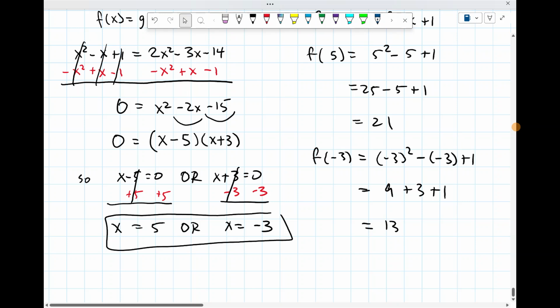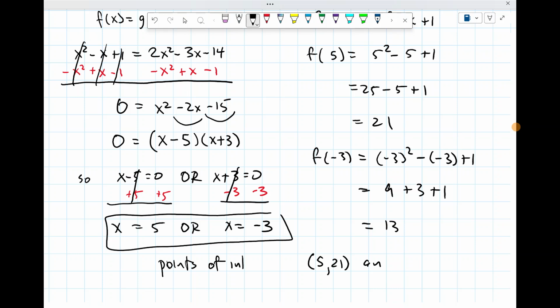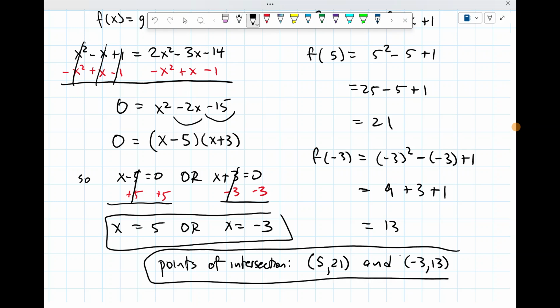And so our points of intersection should be (5, 21), and let me write this down first. The other one would be (negative 3, 13). All right, let's see if we did this one correctly.